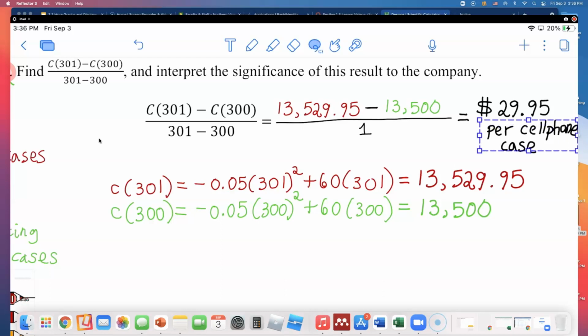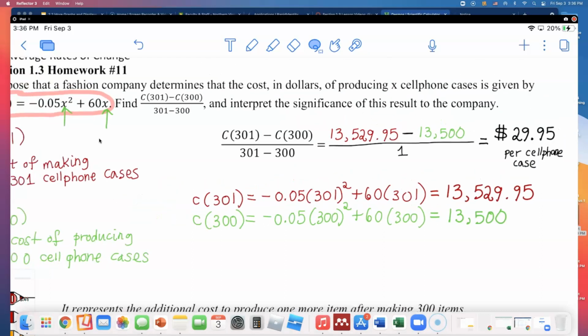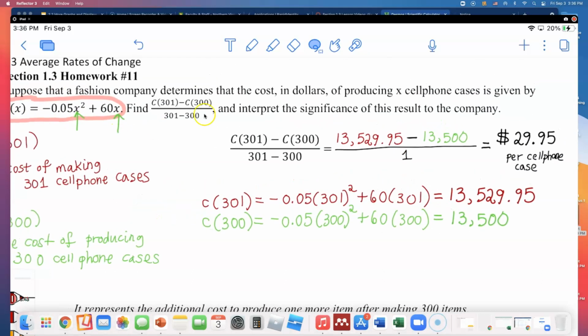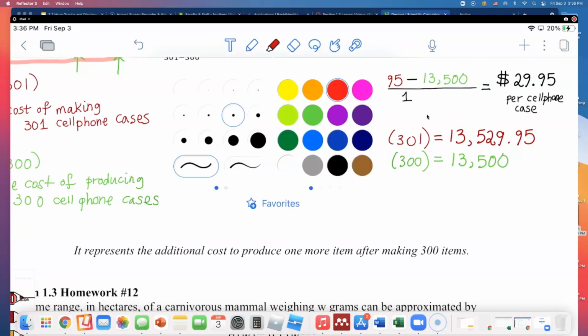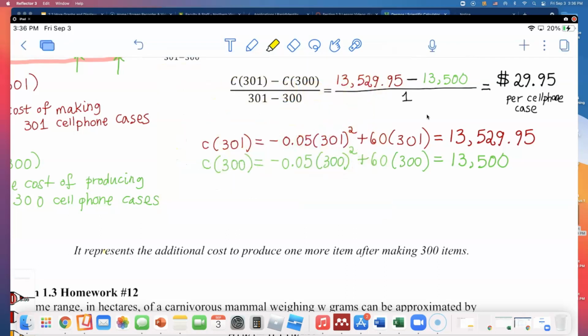I think I went ahead and typed up the interpretation of this. So we found the number, but now let's interpret the significance of this result to the company. This number represents the additional cost to produce how many more? One more item, going from 300 to 301, after making 300 items.